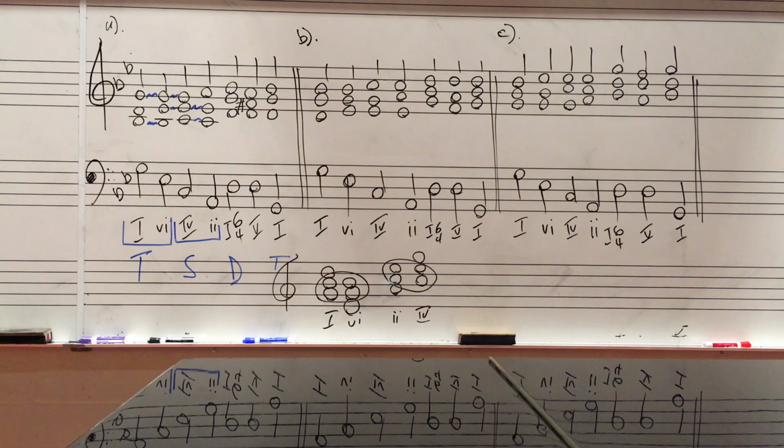So instead of what we had before, all I do is immediately shift everything into the minor mode. So it's of interest to us because before, when we did that extension of tonic harmony through submediant, we went from something major to minor.